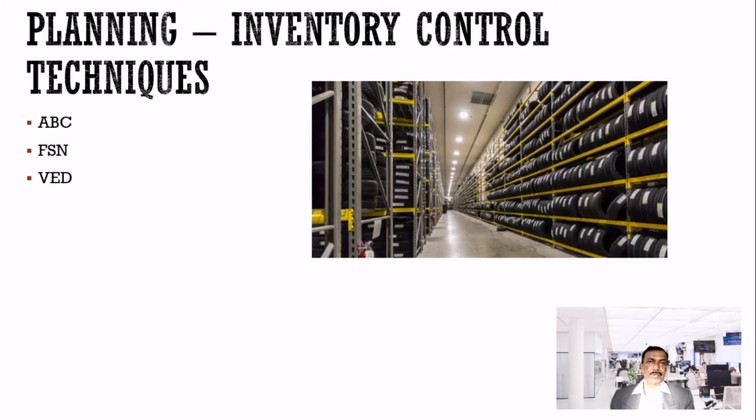Instead of using this component, you may use some other alternate component, and it is not going to affect either your production or your customer's production. So the list of items should also be classified into these categories so that you can focus on vital and essential components. This is also one more inventory control technique.